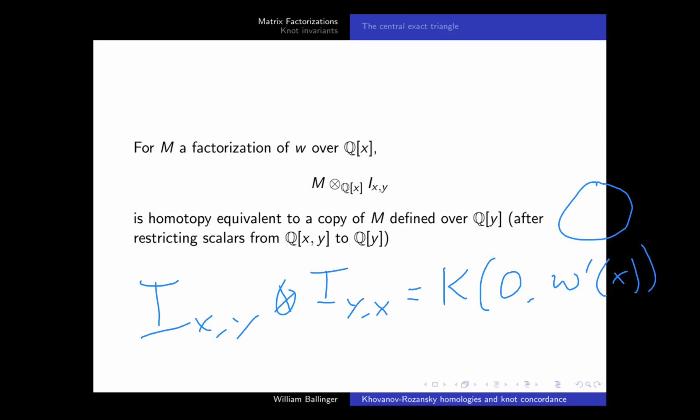Now, this is an honest chain complex, which you could think of as being because this circle we've drawn has no boundary. And the homology of this chain complex is just going to be Q adjoin X modulo W prime of X. And in the Khovanov-Rozansky knot homology we'll talk about soon, this will be what we assign to the unknot. So we want to assign to an arc of any knot diagram this factorization I_XY, and then we need to figure out what we want to assign to the crossing, and then we'll have a knot invariant.